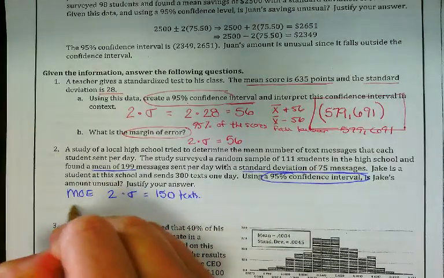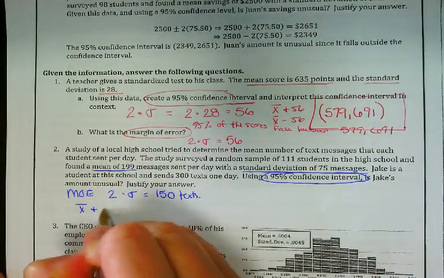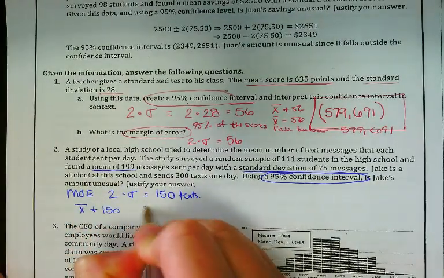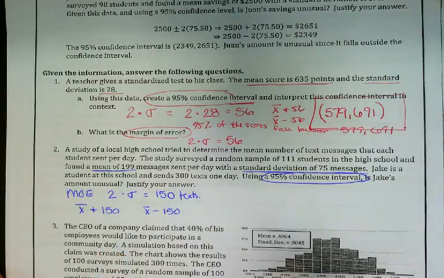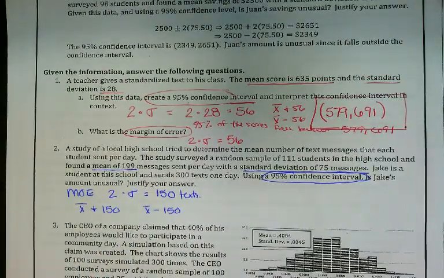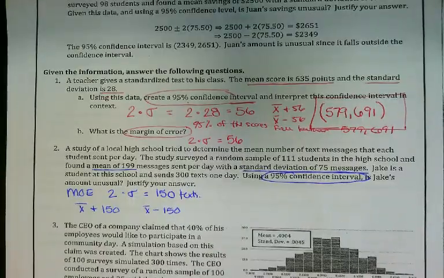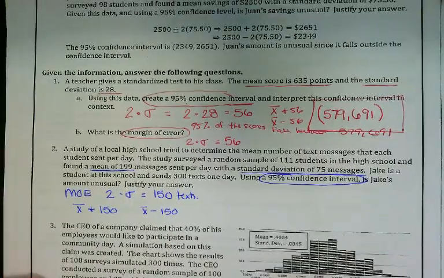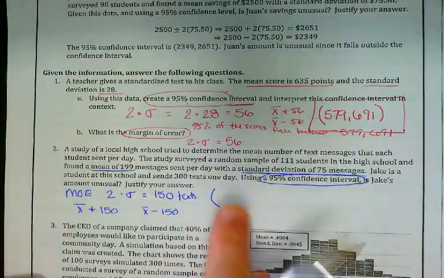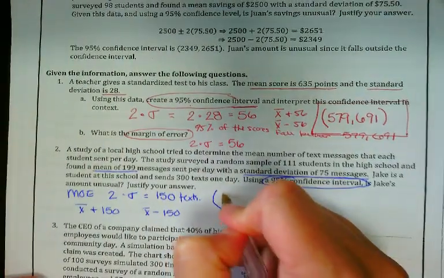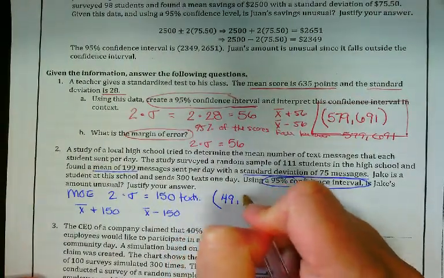I want to get my upper and lower bound, so it's my mean plus my margin of error and my mean minus my margin of error. And then when we write that interval, it's parenthesis, lower, comma, upper. So I'm getting just 49 and 349 sound right?